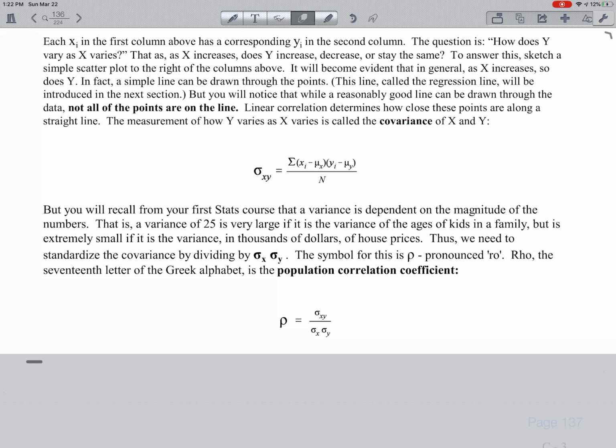The measure that we have for the relationship between these two is called the covariance of x and y. And it's actually shown by this formula right here. So it's how the x's vary with the y's. Now, this is actually really similar to a formula that you know quite well. This is the variance of x.